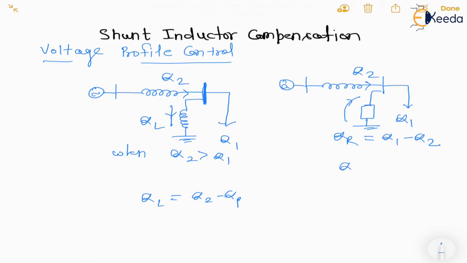So QR will be negative here, meaning negative reactive power has been supplied, meaning positive reactive power has been given to the compensation. The excess reactive power will be transferred to the inductive reactor, or we can say we apply an inductor to consume reactive power.